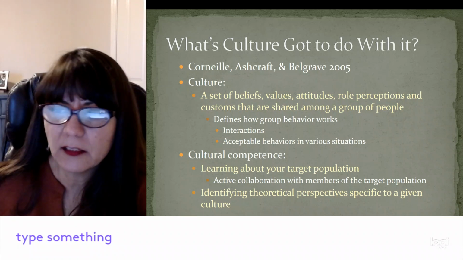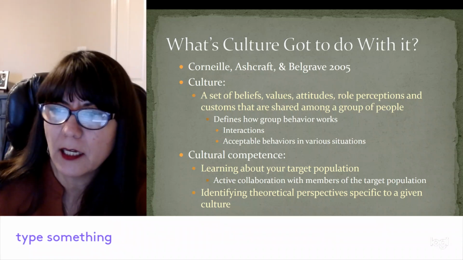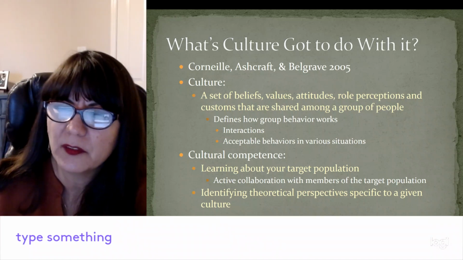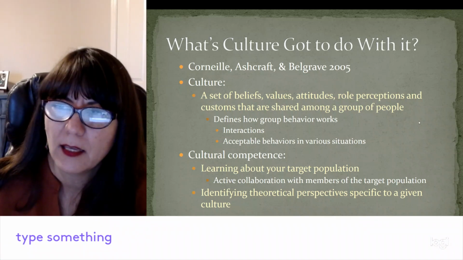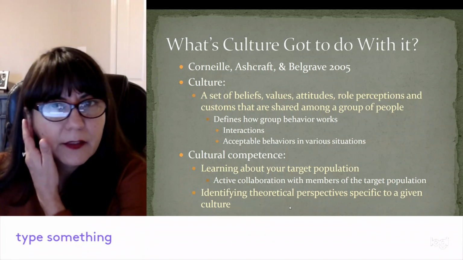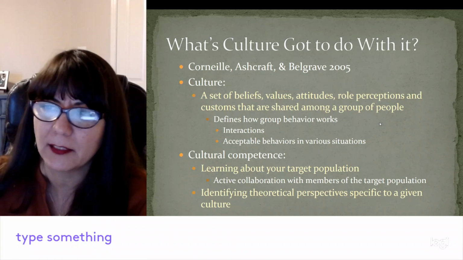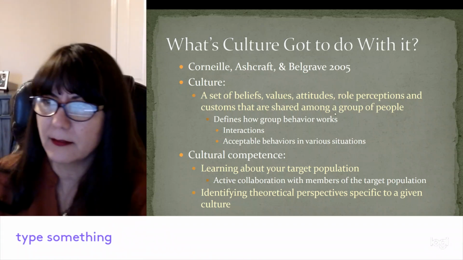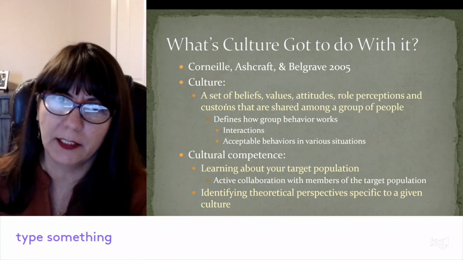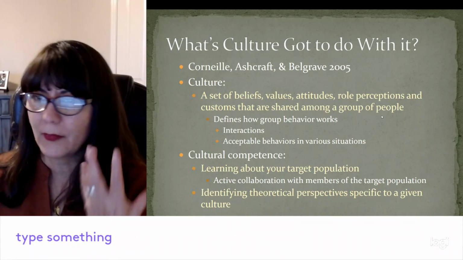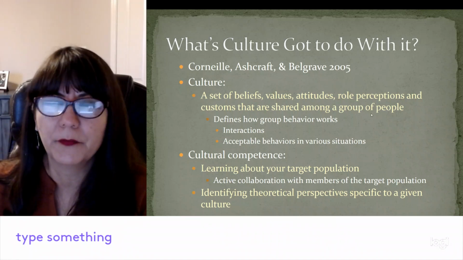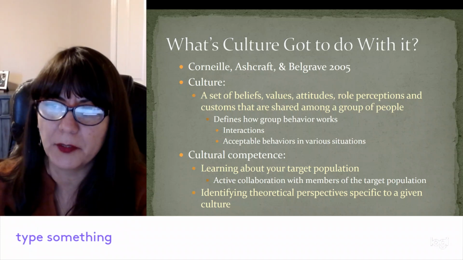So they define culture and cultural competence. You'll see that the definitions of culture vary across different authors, but that's okay. The general consensus is that you're taking beliefs, values, the overall worldview of the individual population into account.